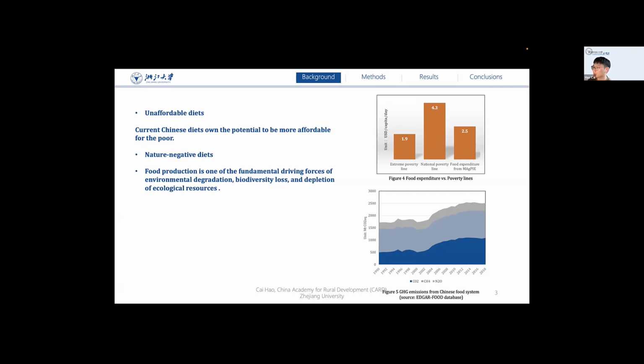We also investigate food affordability. This kind of dietary transformation can involve more poor people in the process, and maybe can persuade the Chinese government to do more actions and adopt our scheme. That's our thought based on this research.